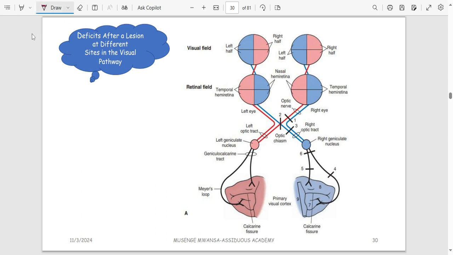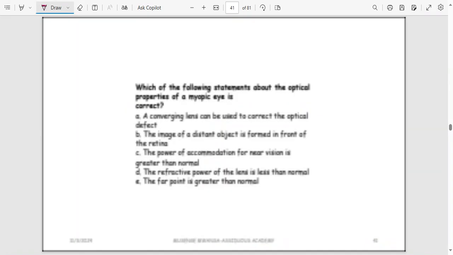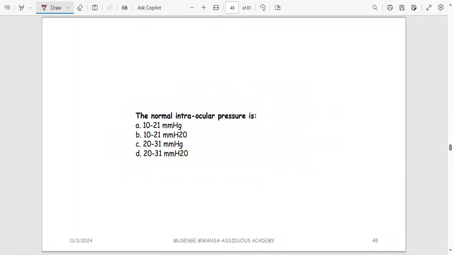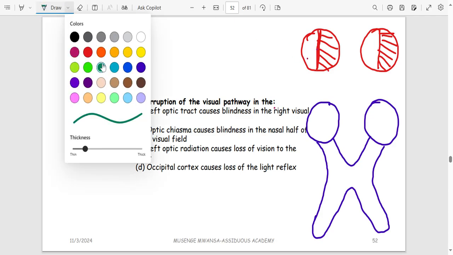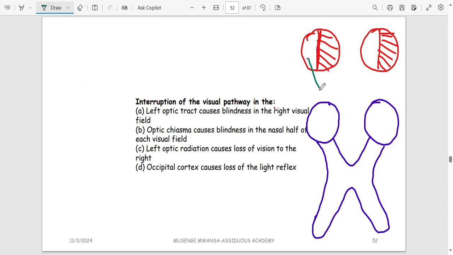But let's try to look at C. If C is not correct, then it means they were referring to what we are trying to think, right? So C is saying left optic radiation causes loss of vision to the right. So the fibers are projecting in the opposites. Let's put it like this. This one is going here and they need to end up decussating.